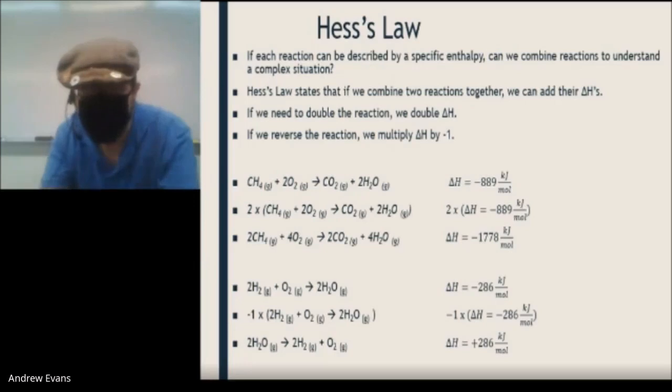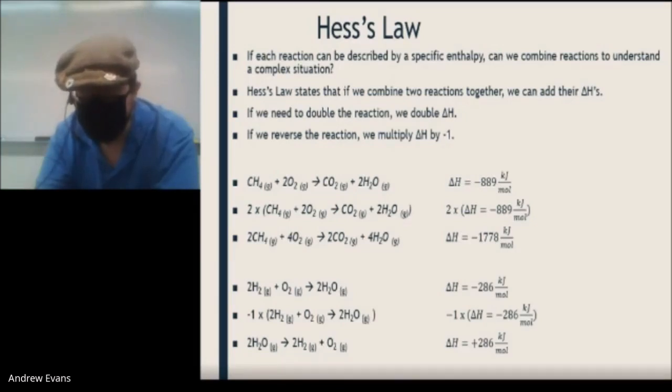Basically saying here, if I take this basic reaction, methane, which is CH4, burns with oxygen to form CO2 and water, the energy associated with that is -889. If I were to double that, I'd be doubling the methane, the oxygen molecules, the carbon dioxide, and the water molecules.